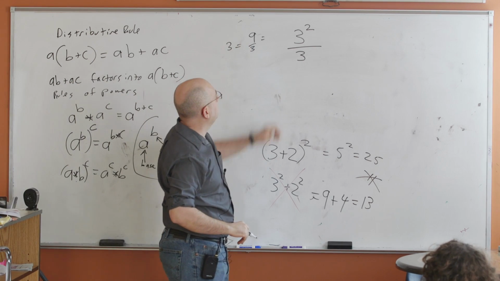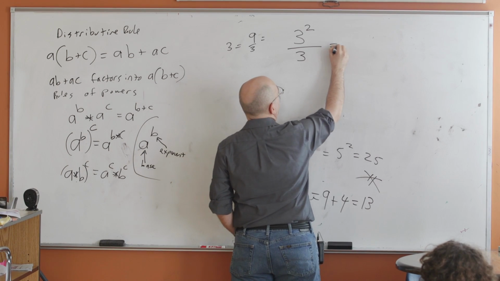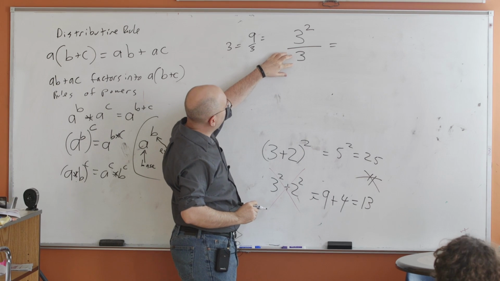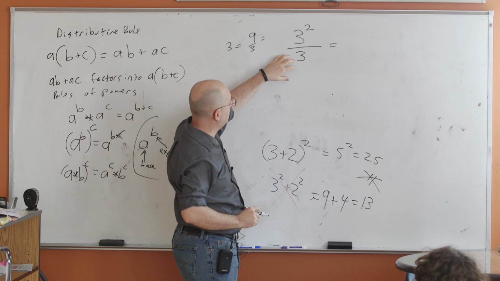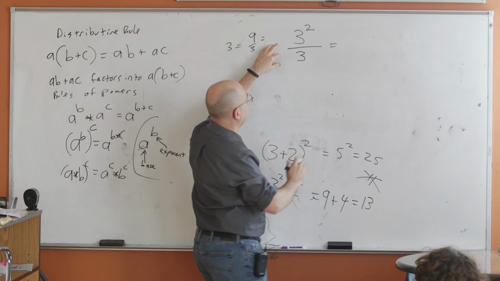Over on this side, this is where the power stuff gets a little both weird and cool, is you can bring numbers in the denominator or bottom of a fraction up as a negative power, then you add them.